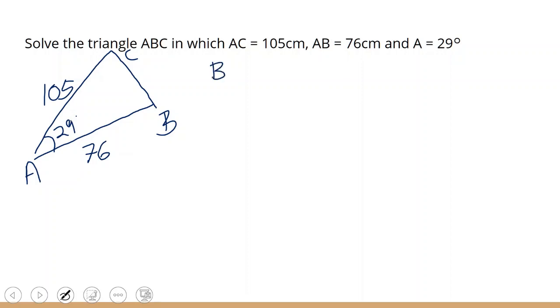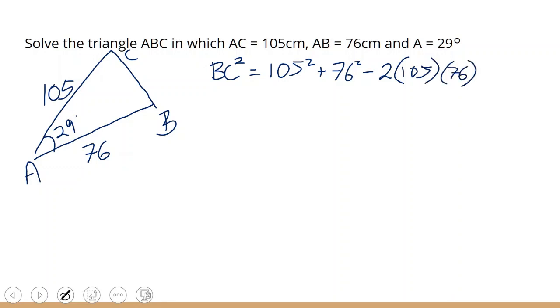From cosine rule, we know that the side squared is equal to the other two sides squared, minus 2 times the length of the sides, times by cosine of the angle in between, which is 29.